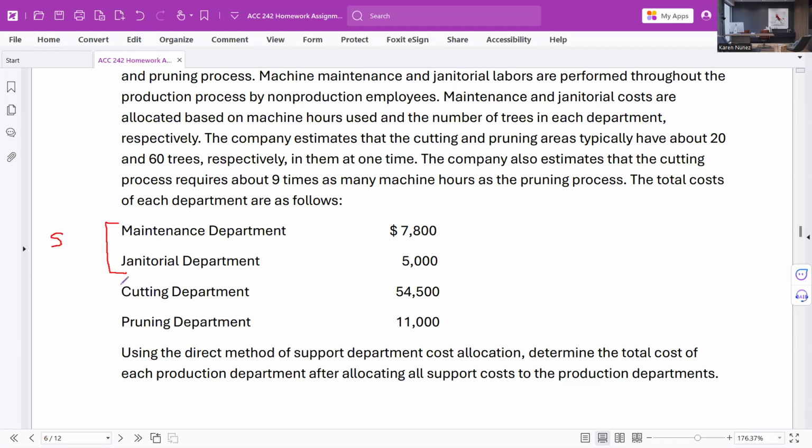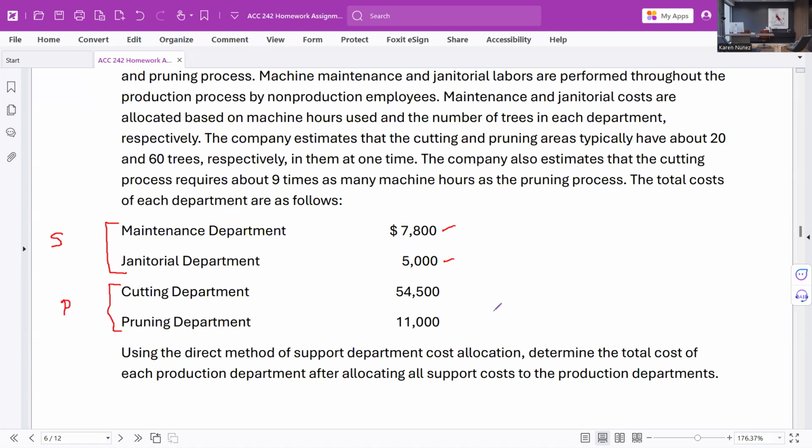And then we have the production departments here, cutting and pruning. And we need to allocate these costs, the 7,800 and the 5,000. Those are the costs that need to be allocated to cutting and to pruning.